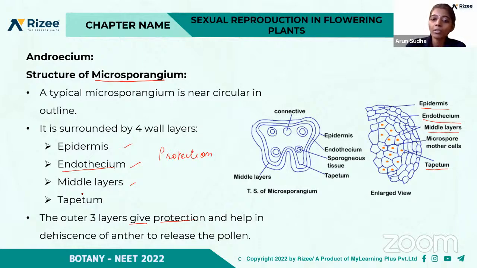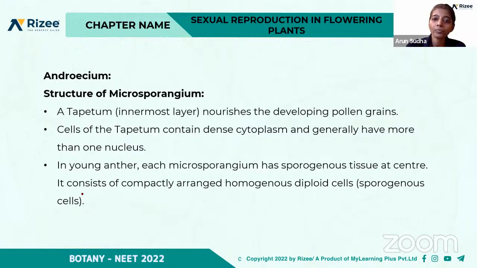Okay, so what is the role of tapetum? Tapetum is the innermost layer, and it nourishes the developing pollen grains. So it gives nutrition, right? The outer 3 layers, epidermis, endothecium, and the middle layer, give protection, but the innermost layer, tapetum, provides nutrition to the developing pollen grain.